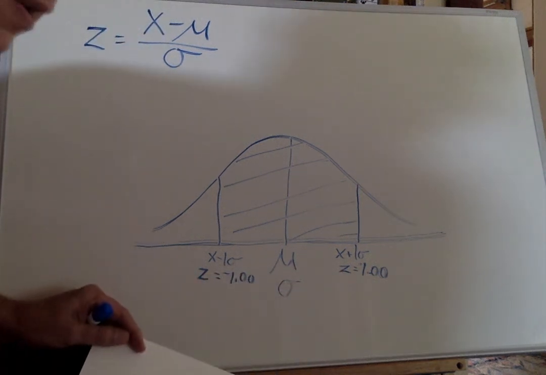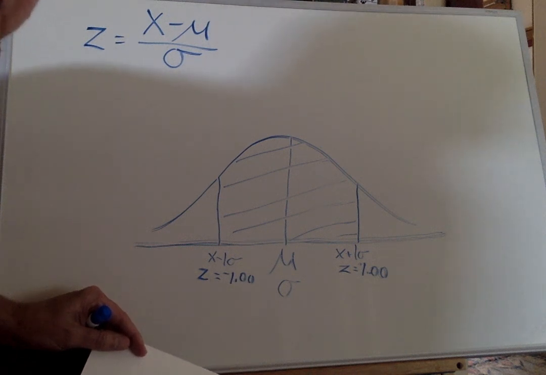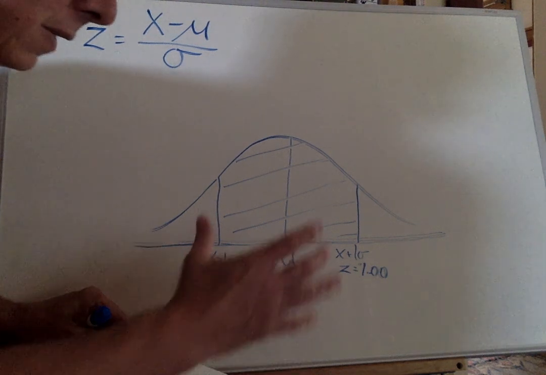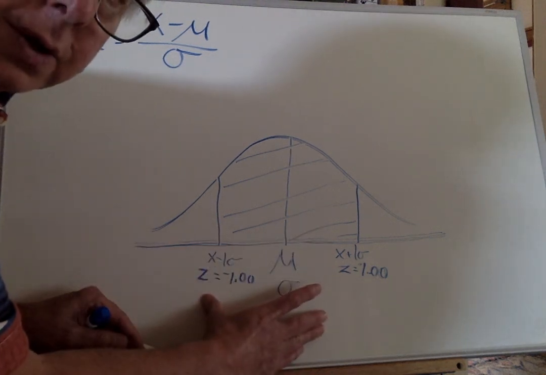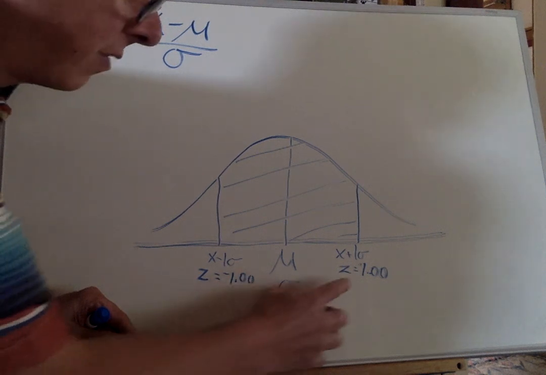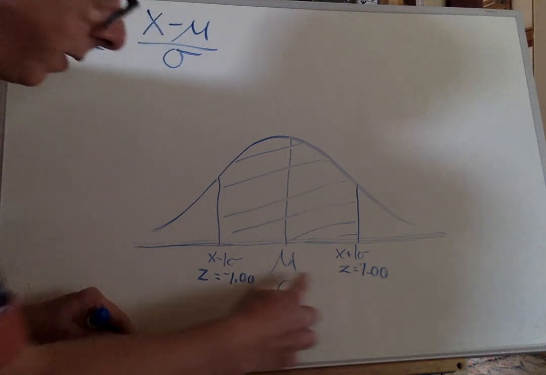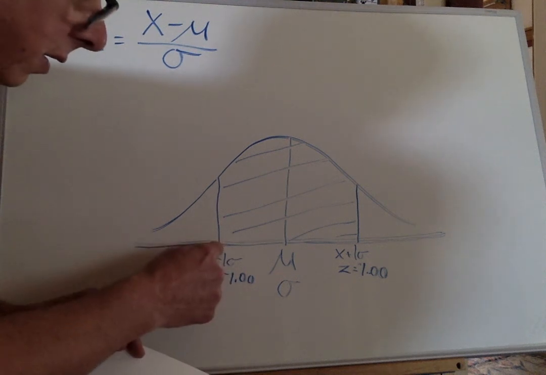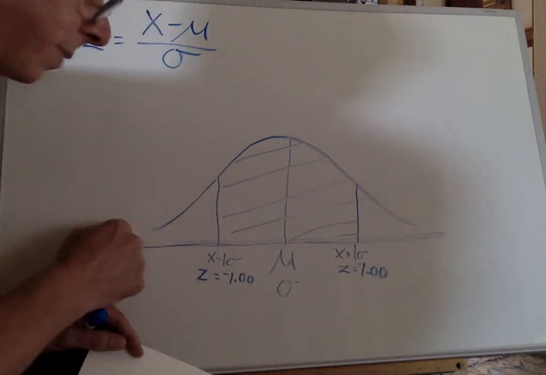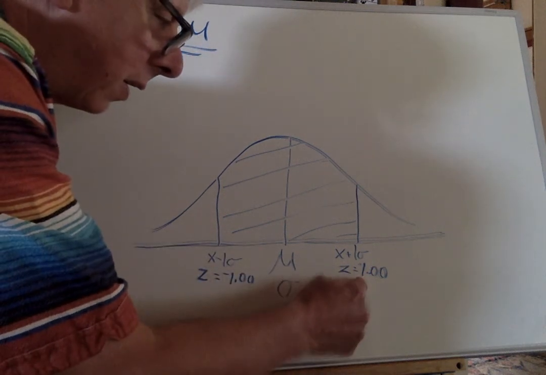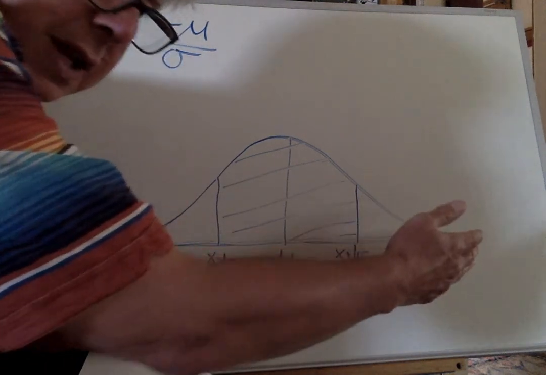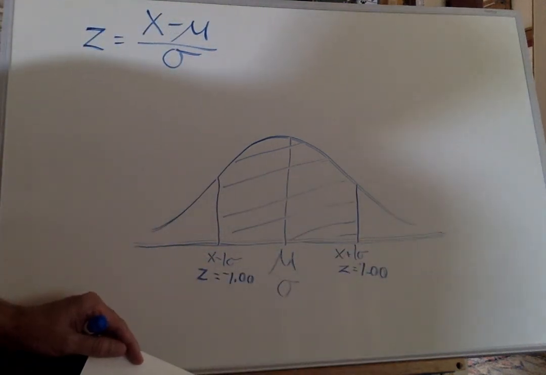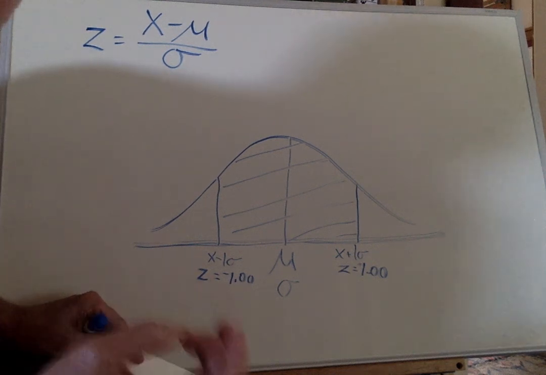By the way, I don't want to forget to say this, you won't see any negatives in the unit normal table. The reason is that this is a symmetrical curve, and so whatever value we see for +1, the same value is going to be used for -1. If we had a score here, then this would be the body and this would be the tail. If we had a score here, this would be the body and this would be the tail, okay? But the values would be equal.